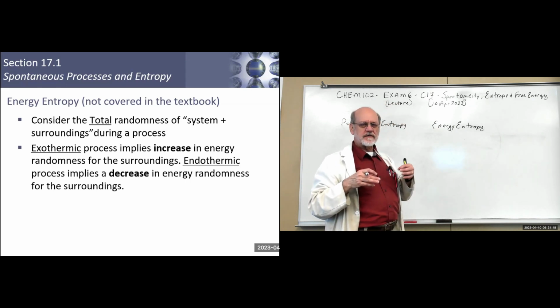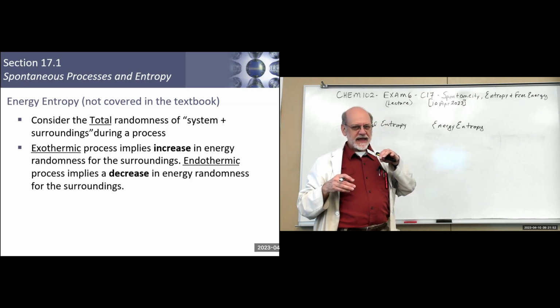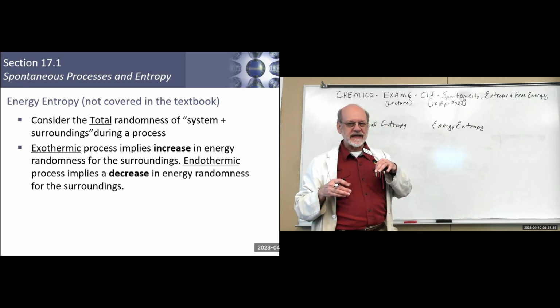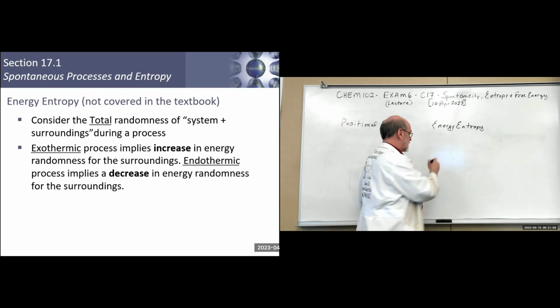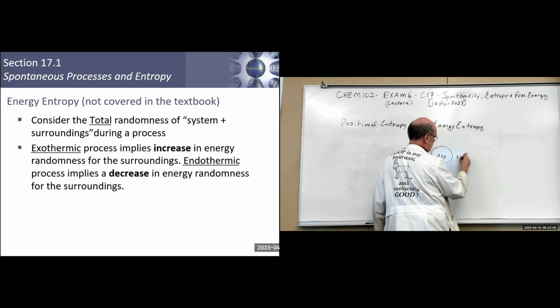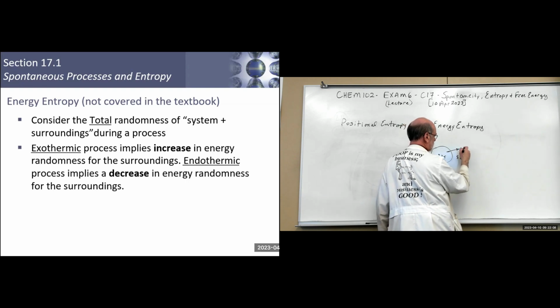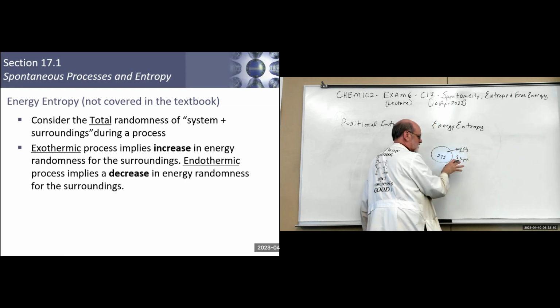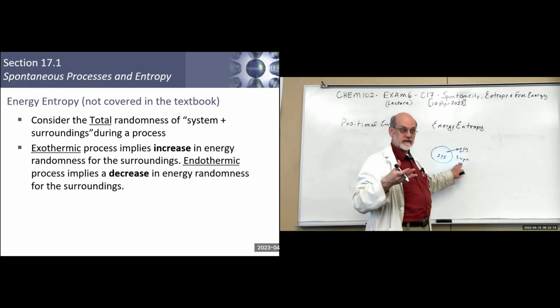In terms of the type of reaction, whether it's exothermic or endothermic, the exothermic reaction implies an increase in energy randomness for the surroundings. Right? So when we have an exothermic system and surroundings, and we're delivering heat to the surroundings, we are affecting the surroundings and increasing the entropy of the surroundings.